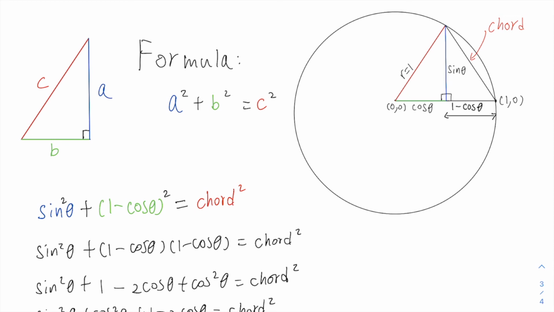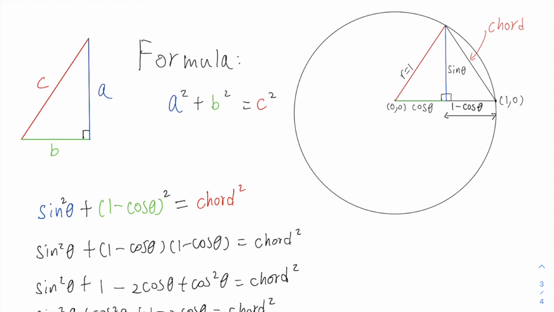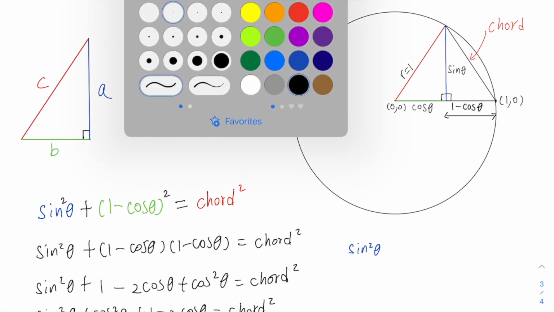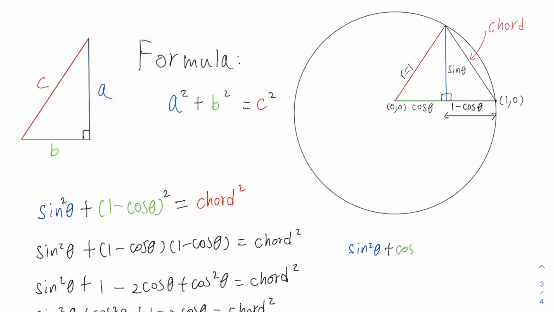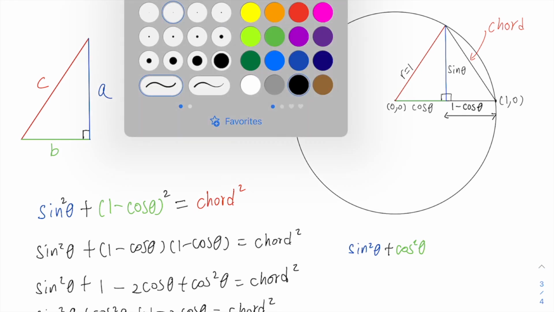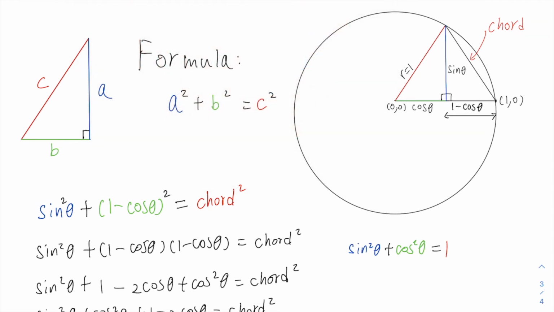because we should write it down as sine squared theta plus cosine squared theta is equal to 1, which is here.